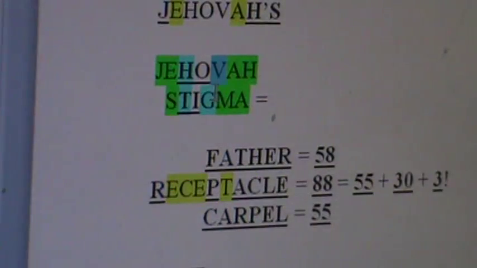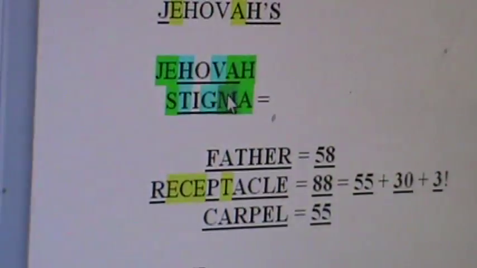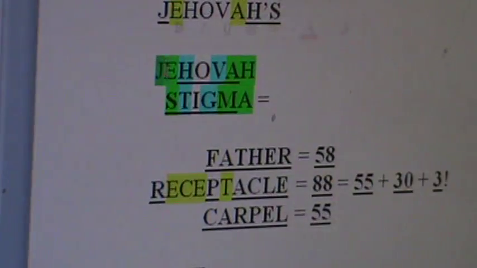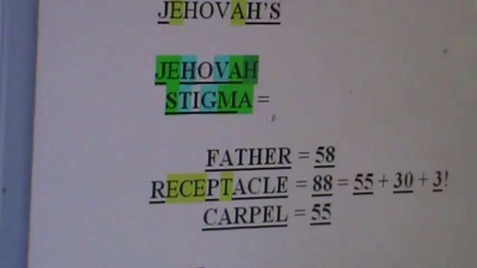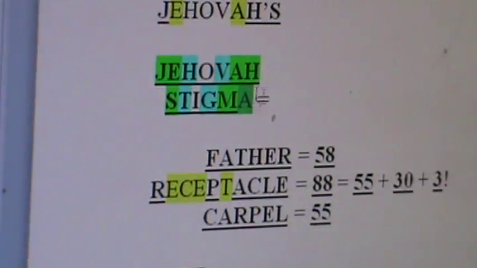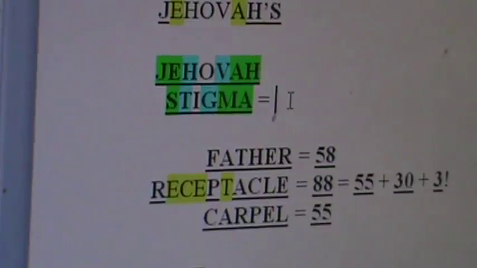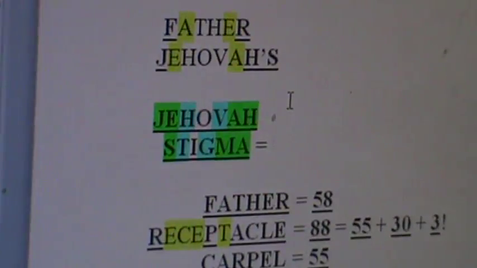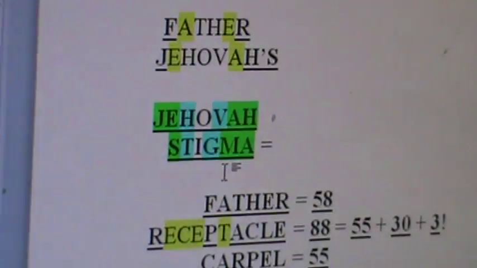A V and a G are both +1s. And then an A is a +1, just like an M is a +1. This S is a +1, that corresponds with this one. And then you just finally have this knit together to make the final. Jehovah, stigma. Jehovah, stigma at the top of the carpal there. Is there anything else you want to see in the word stigma?